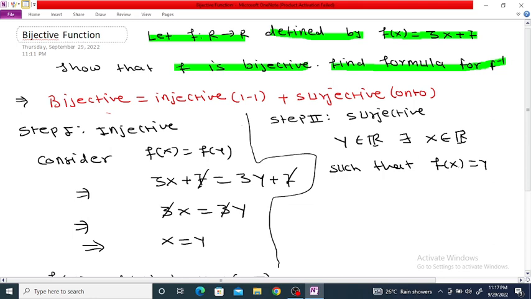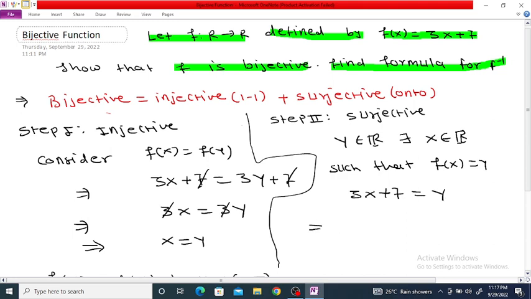So here we want to determine the value of x in terms of y. For any given value of y, if we can determine its pre-image x, that is, at least one pre-image exists, then it is an onto function. So what is f of x here? f of x is 3x plus 7 is equal to y.